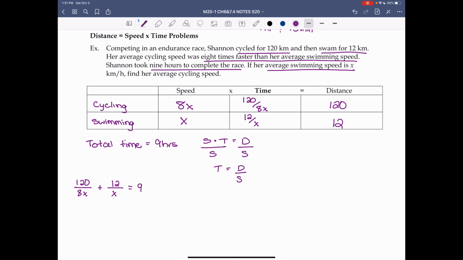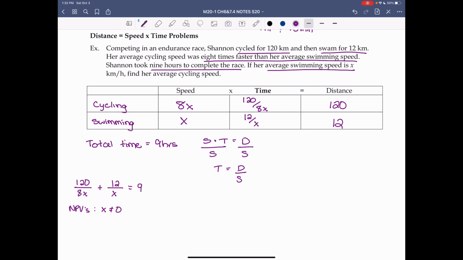And then we can solve. There's no factoring to be done here. Our non-permissible values: x cannot equal 0, which it wouldn't anyways because she can't swim at 0 kilometers per hour and go 12 kilometers. Doesn't make sense.